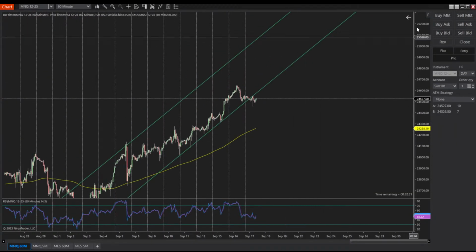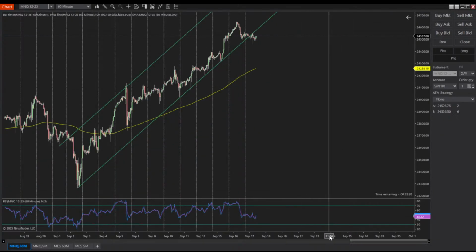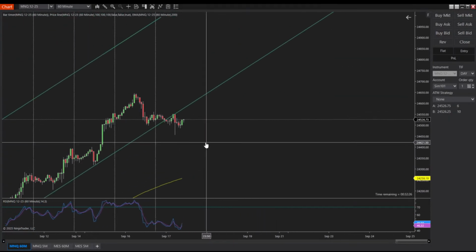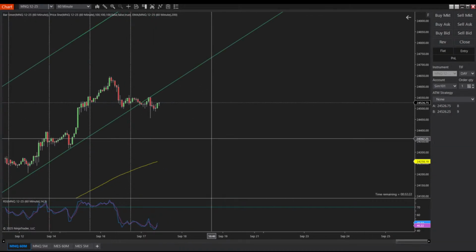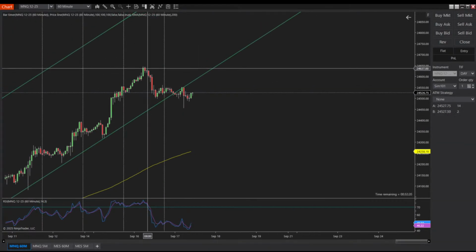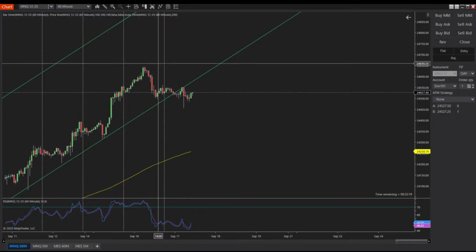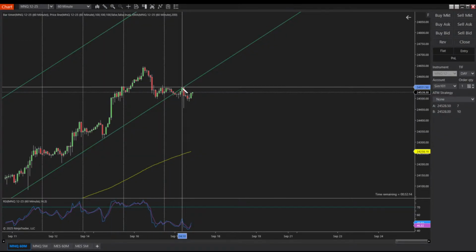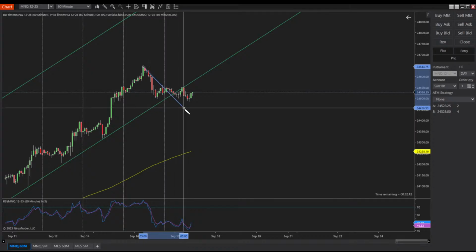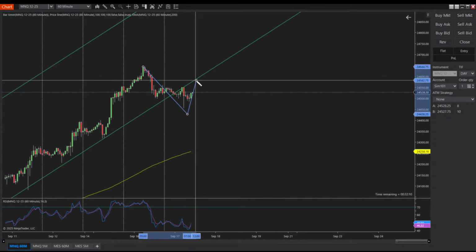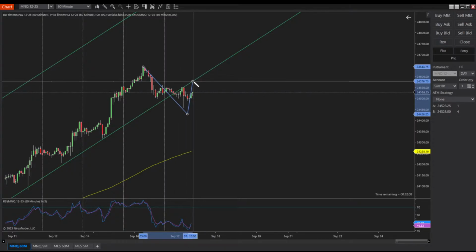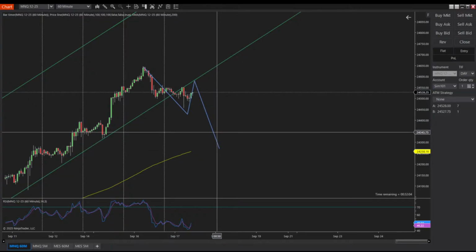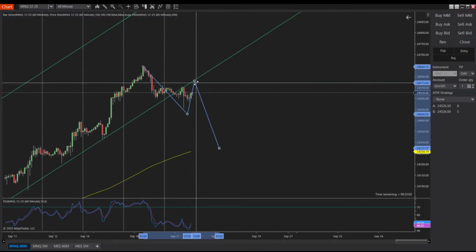Okay, so let's zoom in a little closer there. Usually when we get a break of a channel, I like to see that we can potentially break, pull back, and retest that channel as resistance, which we kind of did right here.